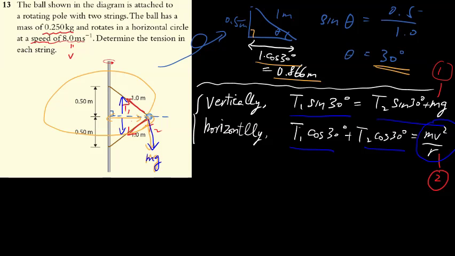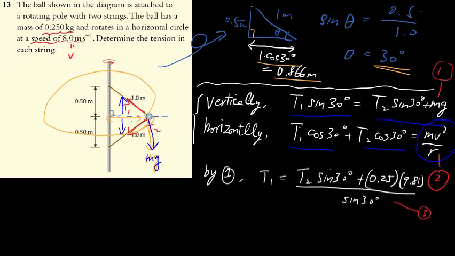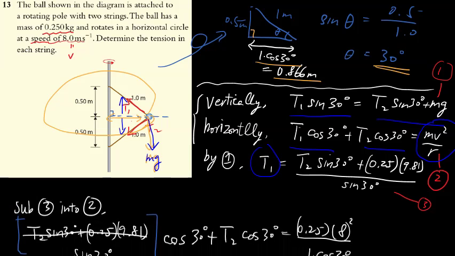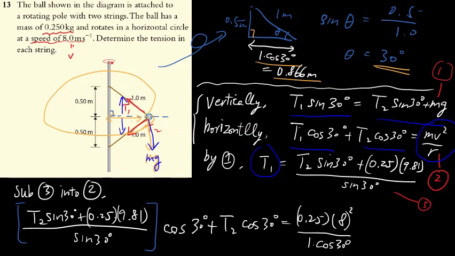Since you have two unknowns, t1 and t2, and two equations, you should be able to solve this question by algebra. If you want to know more, what I could do is convert equation 1 with t1 as the main term, and then substitute the whole thing of equation 3, as I call it, into 2. This is the whole thing of t1 that you can see here, which is pretty long, I know, and the rest are basically the same.